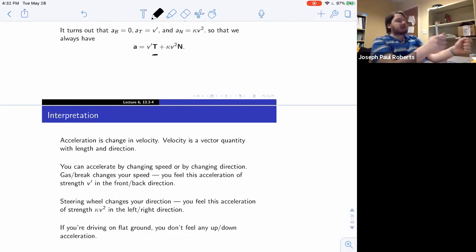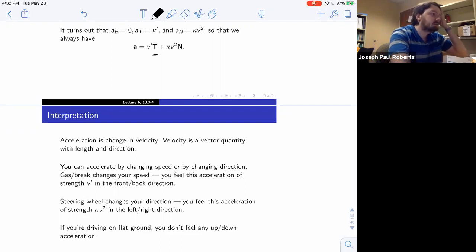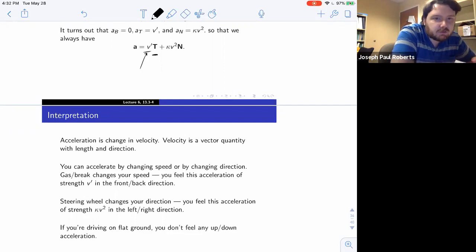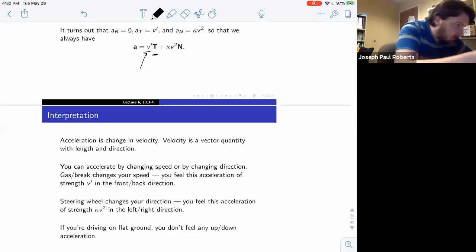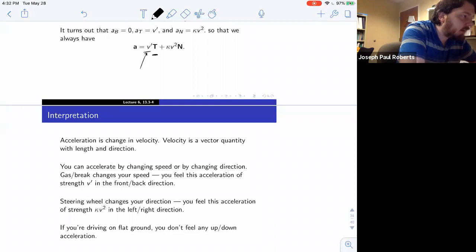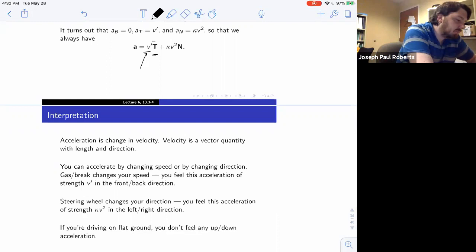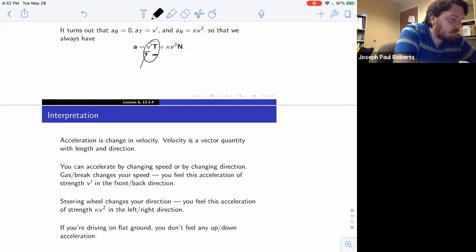And so gas brake acceleration is that force that you feel, and it depends on how much you slam on your gas or your brake, that's how large the derivative of speed is, right? So if you're speeding up, then that's positive, which means that your acceleration is forward, whereas if you slam on the brake, your speed is decreasing, which means it's backwards. So that makes sense from what you feel in your car.